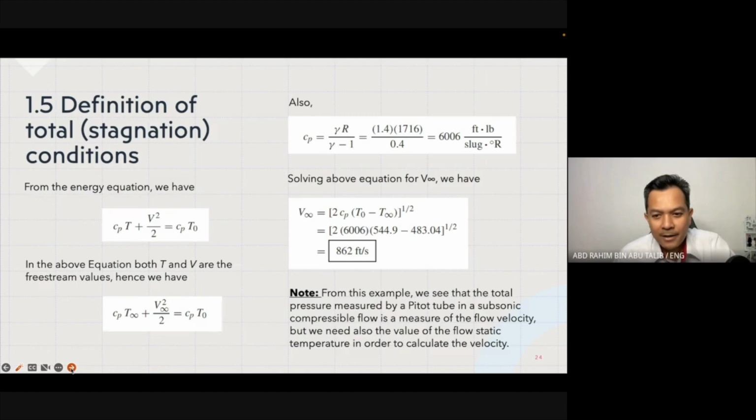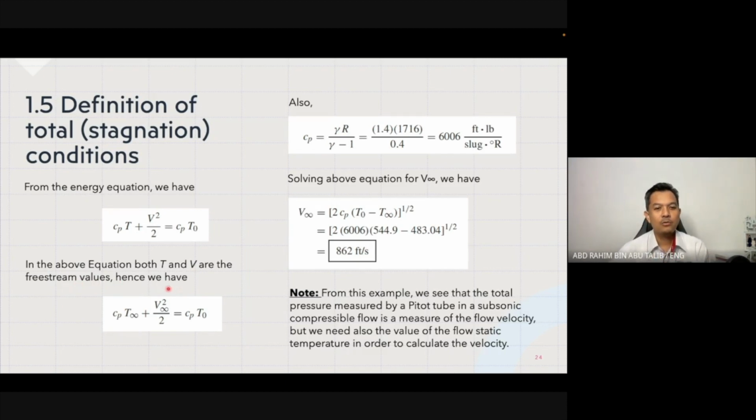To find the free stream velocity from the energy equation, we have cp T plus V squared over 2 equals cp T naught, and in this equation both the temperature and the velocity are free stream values.